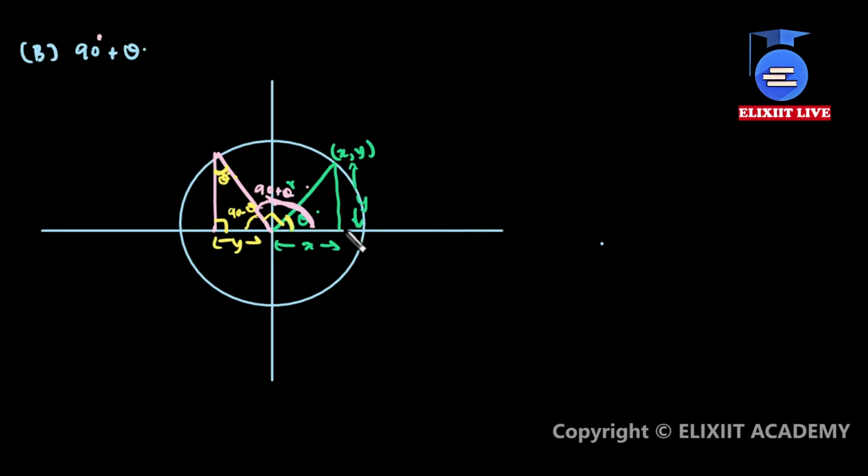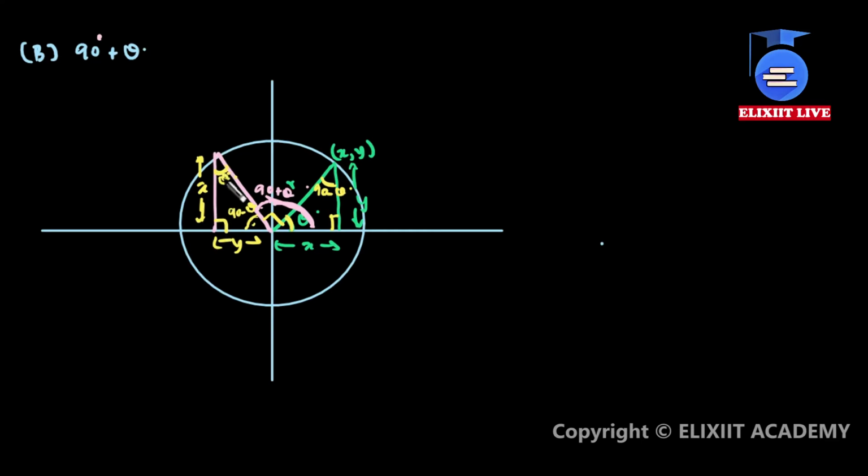And if this is 90 minus theta, this much was 90 minus theta. So if this is y, this is x, because this was 90 minus theta. 90 minus theta's front side is actually x. So this much will be x.